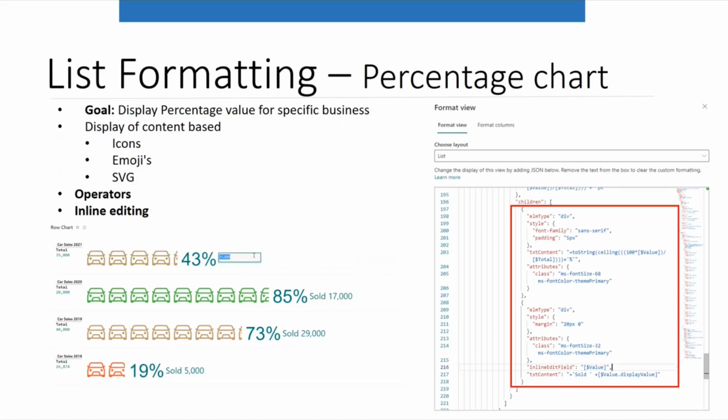I use, for example, icons that come out of the box with the SharePoint page. Also, we can associate emojis, or we can even include an SVG image itself. I'm just going to show the 3, and also show the list formatting, how I include it. And let me jump to the presentation.